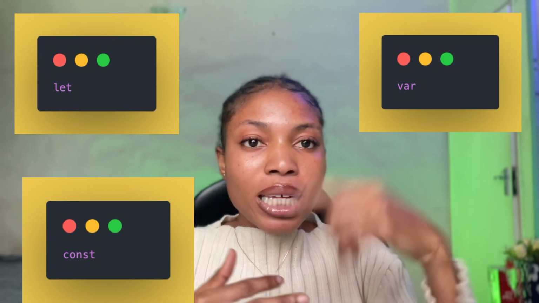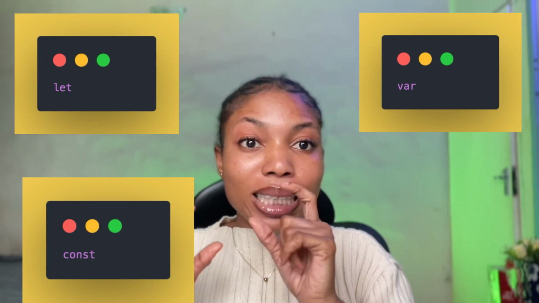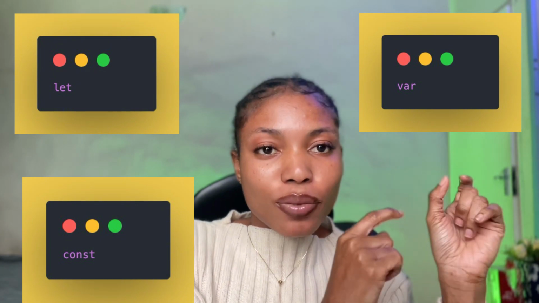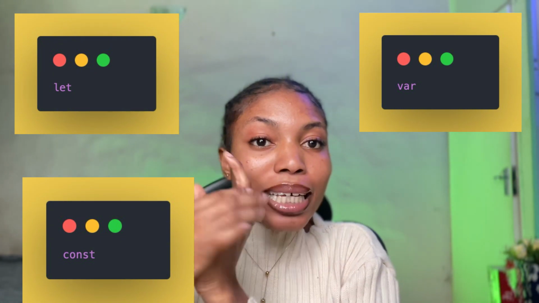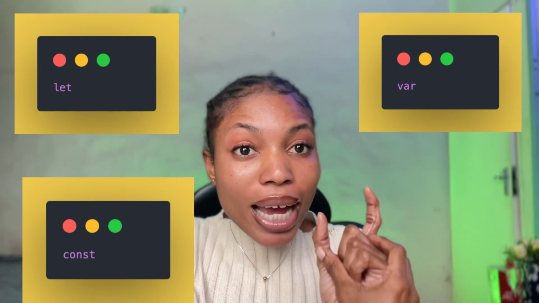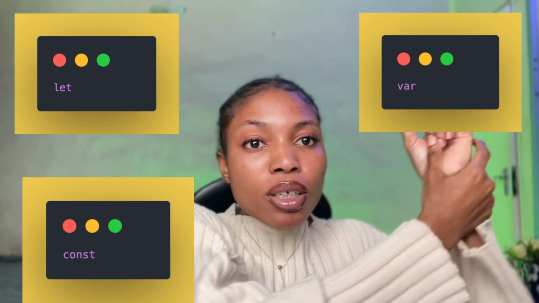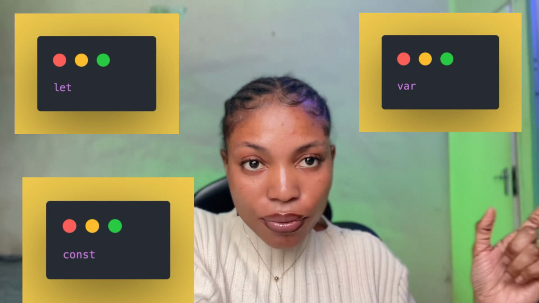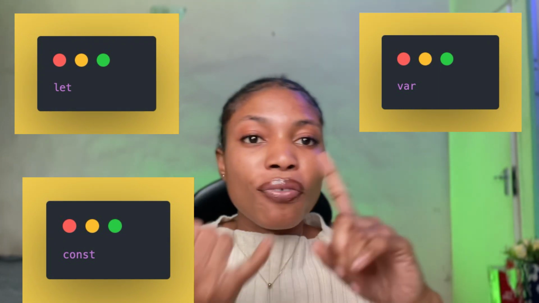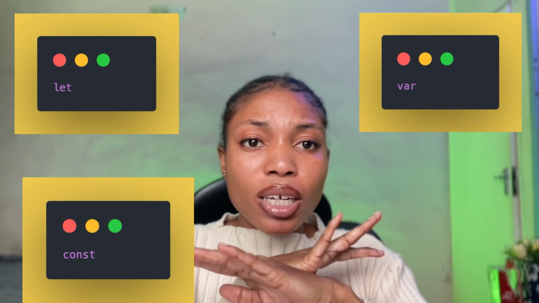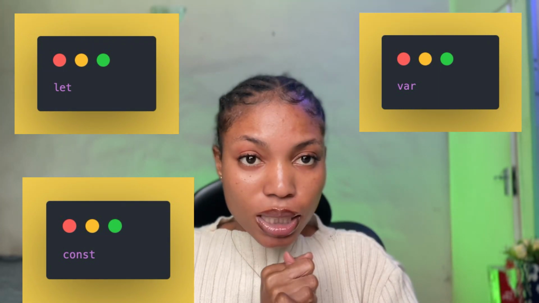In our examples, if you notice, I use let age equals 25. I am using let as the keyword to declare the variable age to keep the value 25. That makes sense, right?